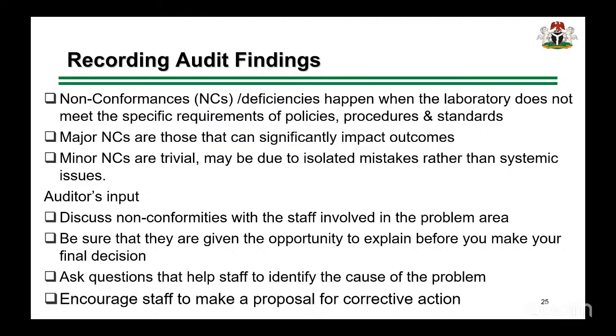These are your non-conformances. We have two types of NCs, major NCs and minor NCs. Major NCs are those things that can significantly impact the outcome of a patient's result or patient satisfaction. That is what a major non-conformance is.